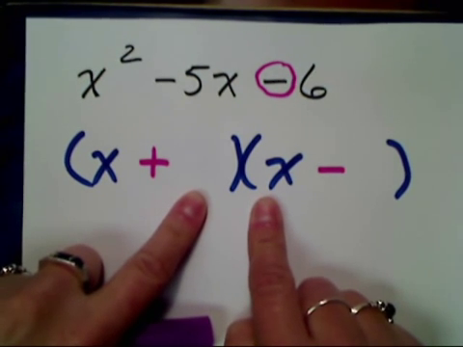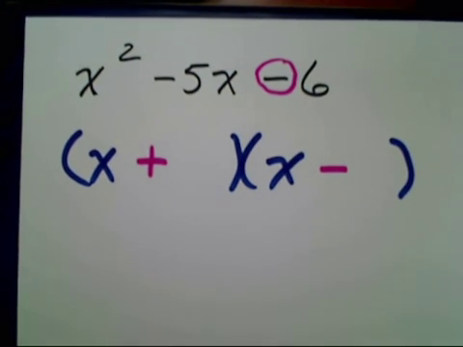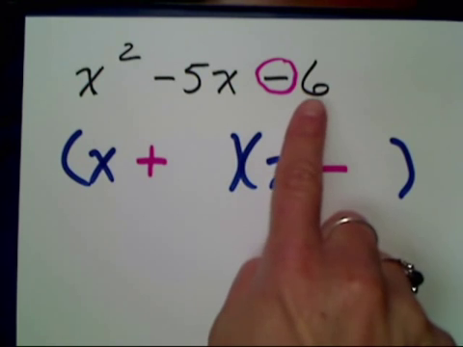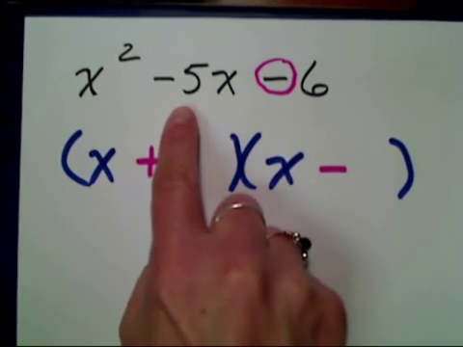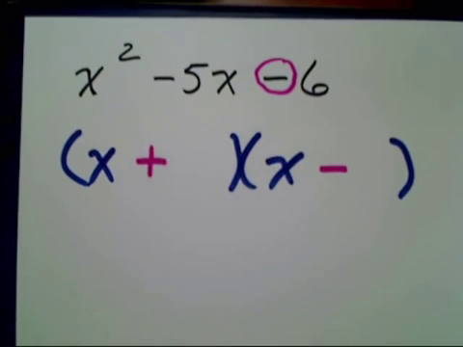When I'm adding terms with opposite signs, we really subtract them. So in this case, I'm looking for two numbers that multiply to negative 6, but subtract to give me my negative 5.